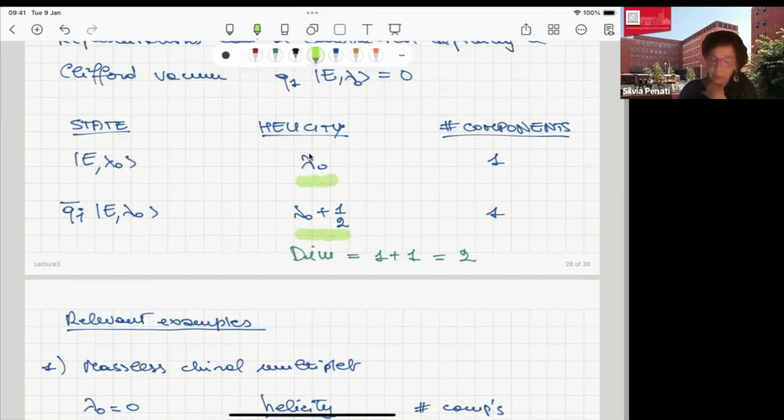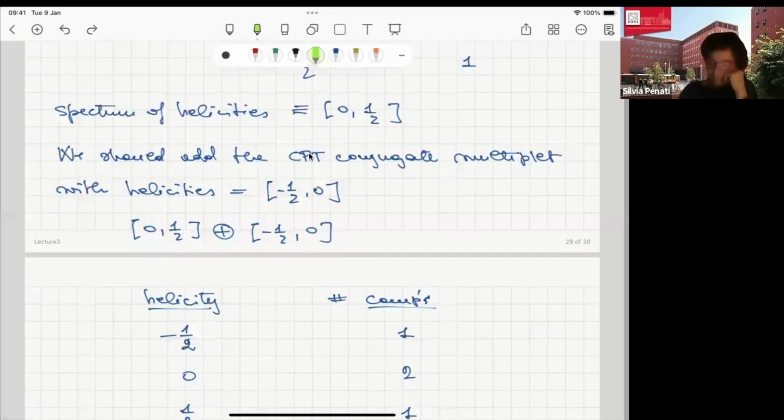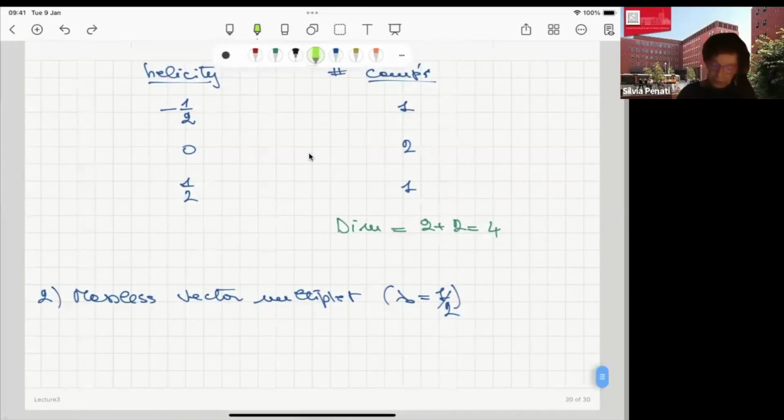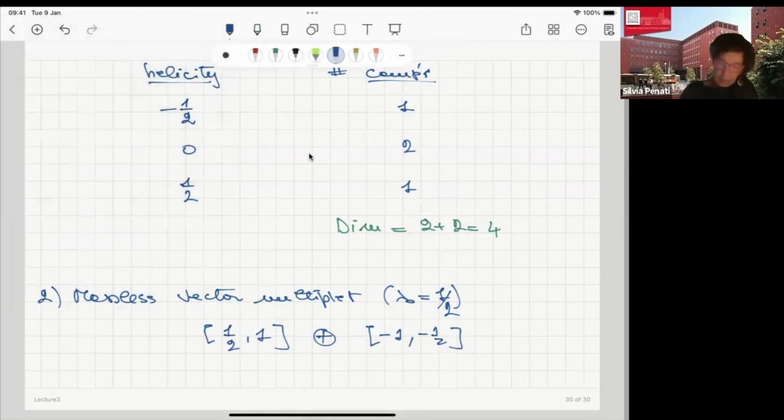So the spectrum is 1/2, 1. Remember that we always have to add 1/2. Okay, so this has spectrum 1/2, 1, and then eventually you can add the CPT conjugate, which is -1, -1/2. Okay, let's go in order.